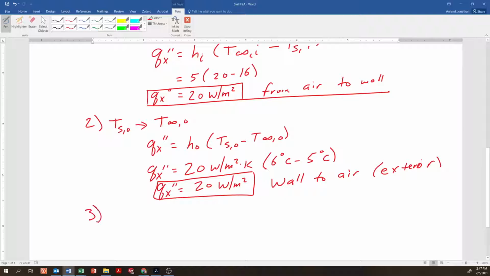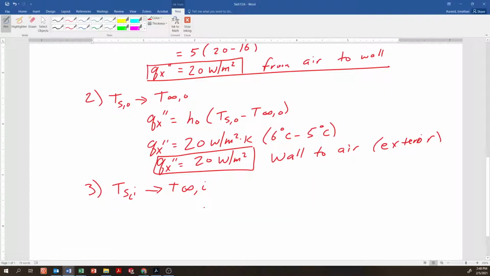And then step 3 here was asking for the heat flux from the wall to the interior air, right? So now we're doing TS I to T infinity I. This is the exact opposite of our first case.